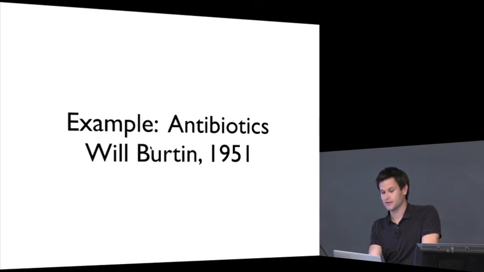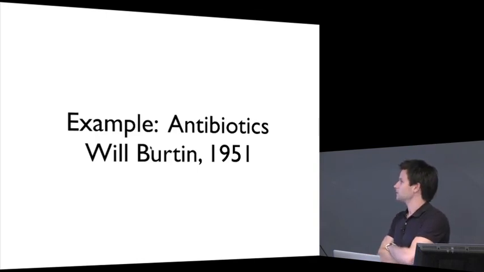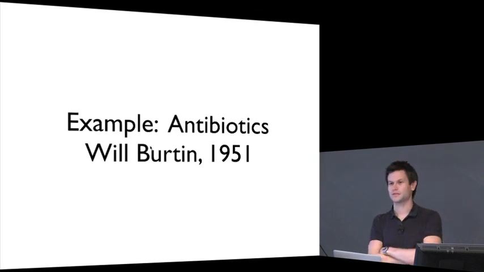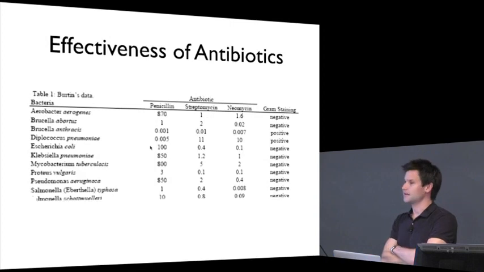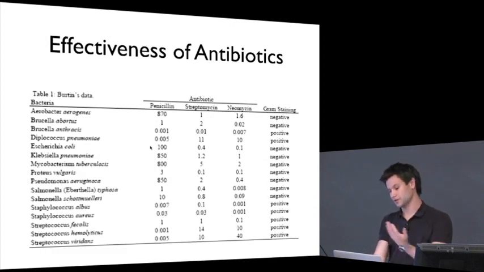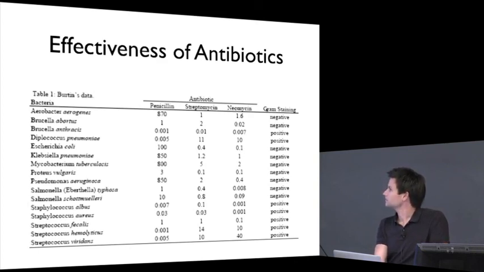And I want to run you through an example. It's a historic example about antibiotics. Wilbertin was a designer, and in 1951, he wanted to find out more about the efficacy of certain antibiotics. So that was the data set that he had. On the left-hand side, you see bacteria.